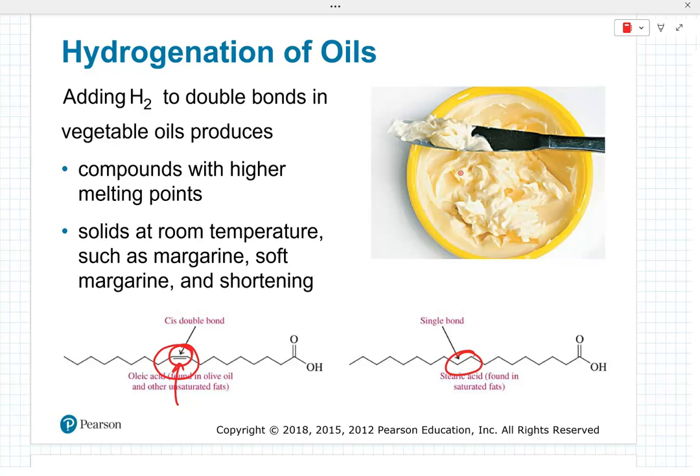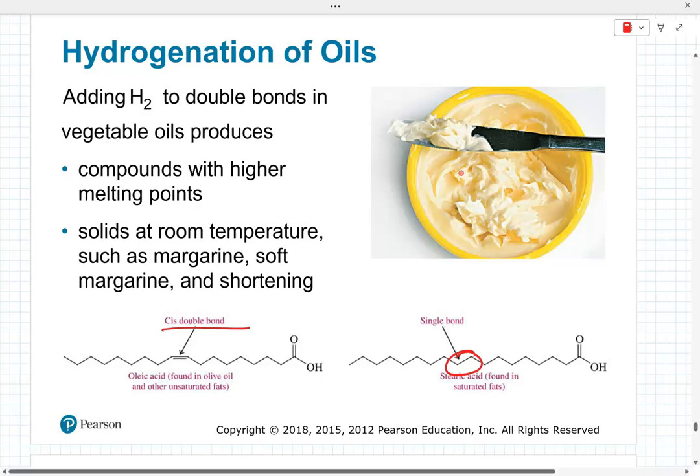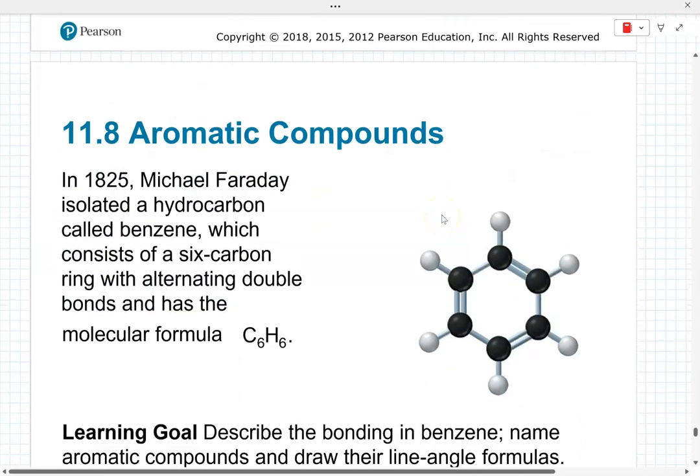Does that make sense? Good? It all sounds great. There's one little problem, that some cis unsaturated fats become trans unsaturated fats, and trans unsaturated fats are very bad for your cardiovascular system. So don't use vegetable shortening or Crisco. Okay.